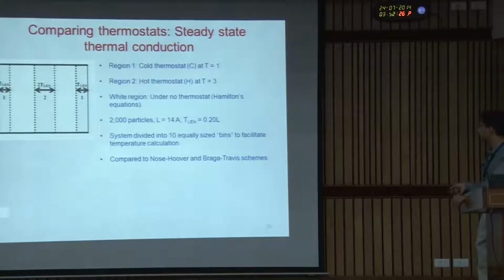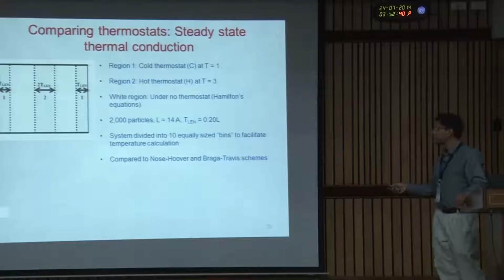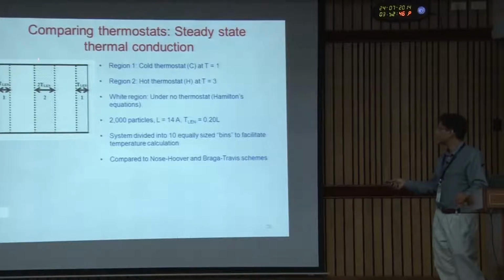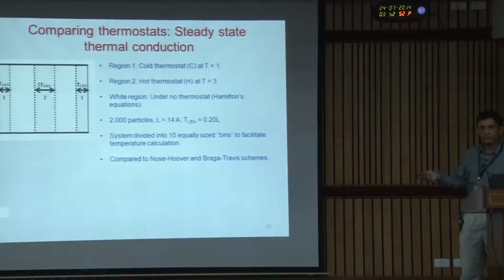So it's a very small system, 2000 particles, and we just divide the system into 10 bins and see how the temperature is varying when all we are doing is basically controlling the temperature of the system that is in touch with this reservoir and that is in touch with this reservoir. We are not controlling the dynamics of the atoms that are in between.